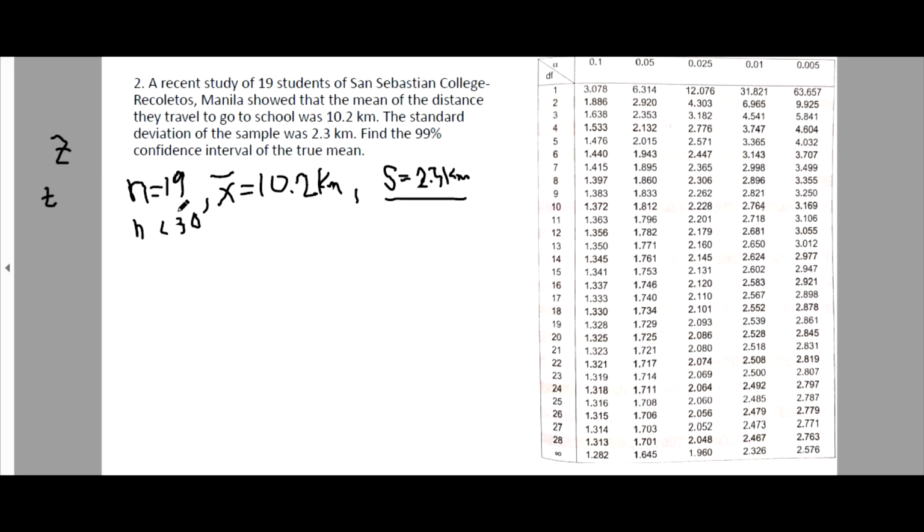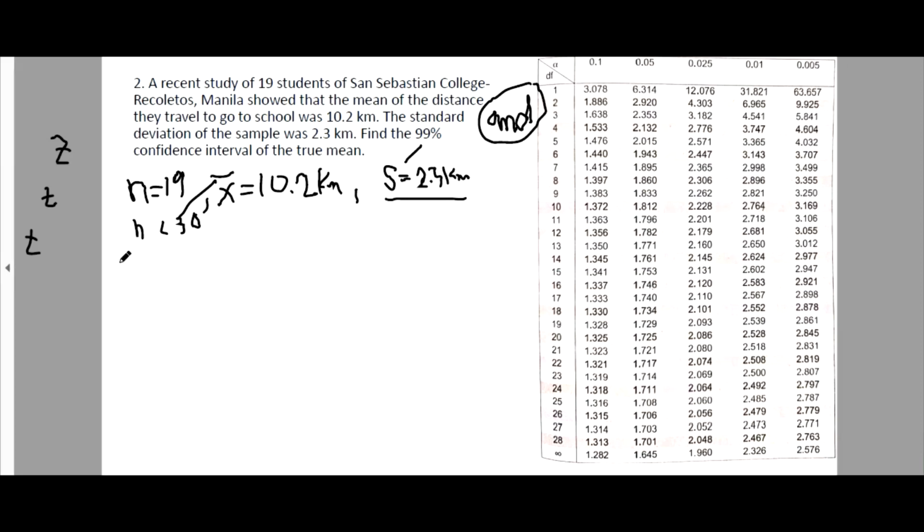So meaning both of these are satisfied. Take note, for the t-test, this is our connector, so both of these two must be satisfied. Since both are satisfied, then we are sure that we will use the t distribution.